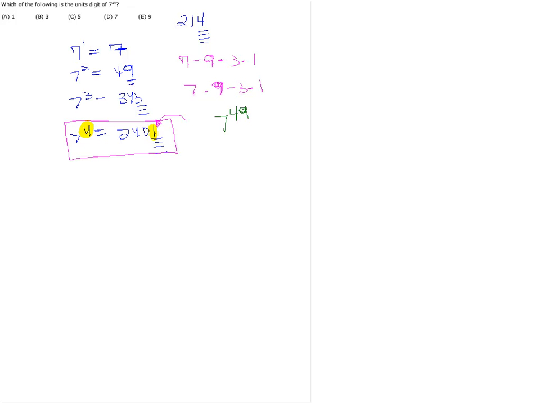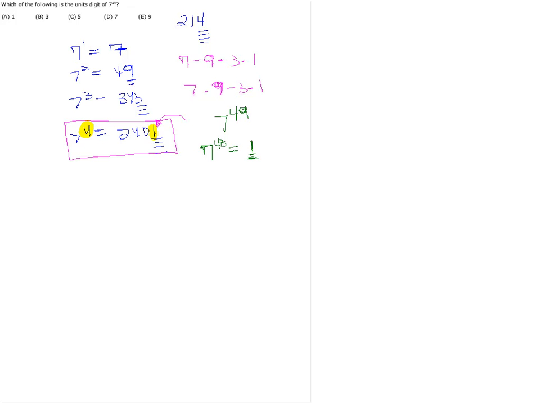Divisibility rules are very helpful here, but we can quickly determine that 7 raised to the 48th power is the closest multiple of 4 to 49. So 7 raised to the 48th power, whatever the number is, some big ugly number, is going to have a unit digit of 1.